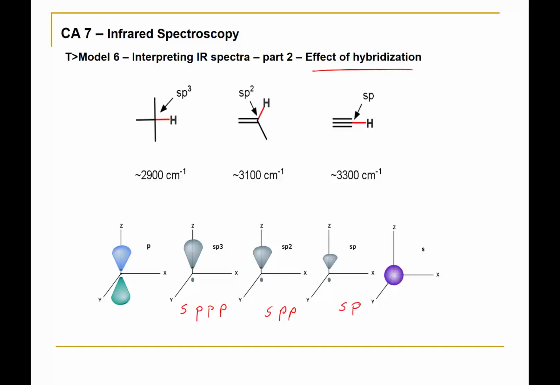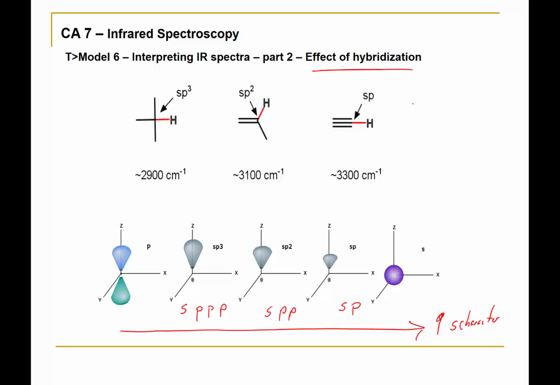Also recall that electrons in a p orbital are found further from the nucleus than electrons found in an s orbital. Going from left to right, we'd say that there's an increase in s character of these orbitals. With an increase in s character, the electrons are found closer to the nucleus. We might expect that the electrons are held more tightly by the nucleus. Therefore, we might expect that a carbon-hydrogen bond is in fact a stronger bond.